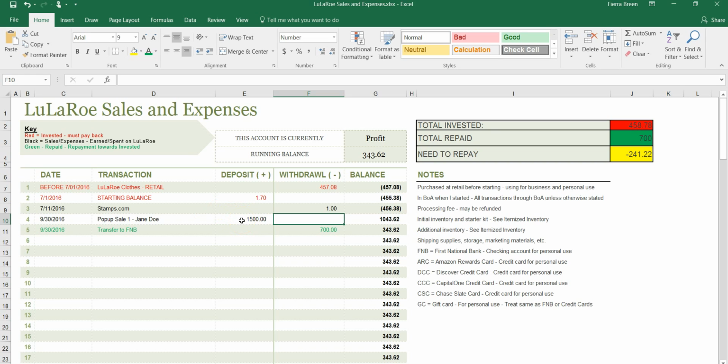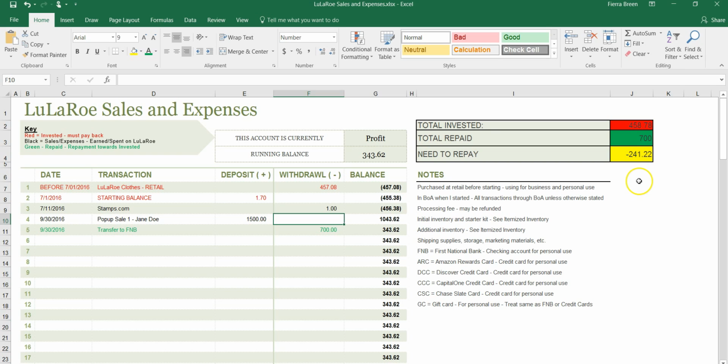That's probably not going to happen until I start stocking over 1,000 pieces in my inventory and have a lot of friends. But anyway, out of the $1,500 I made in this pop-up sale, I transferred $700 to myself, which paid back my initial investment of $458.78 plus $241.22 in profit.